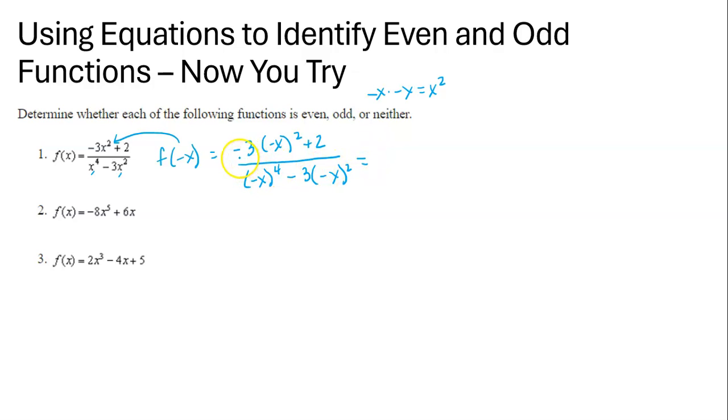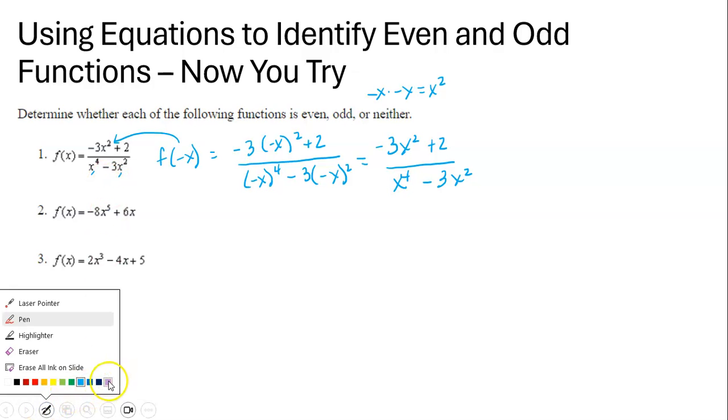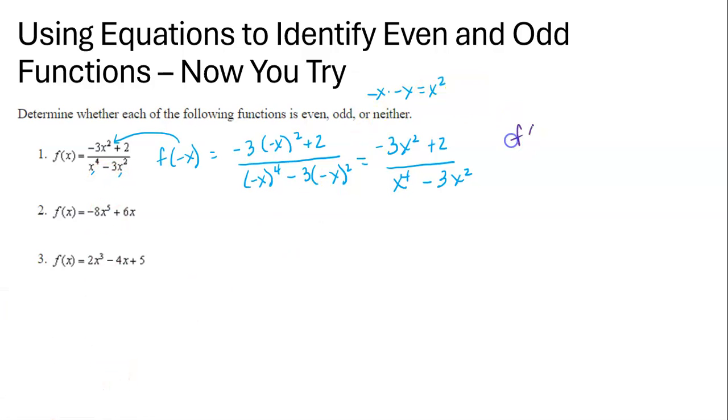So I have negative 3x squared plus 2 over x to the 4th minus 3x squared. So I literally get the same thing. And since f of x is equal to f of negative x, we have an even function.